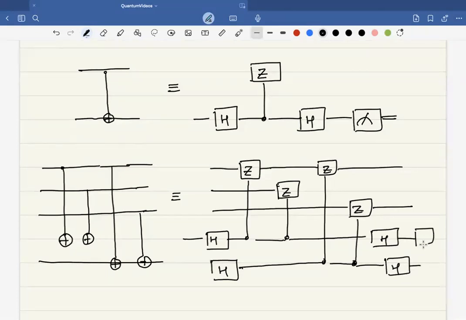And here is where we have the measurement. Okay, so that is that.